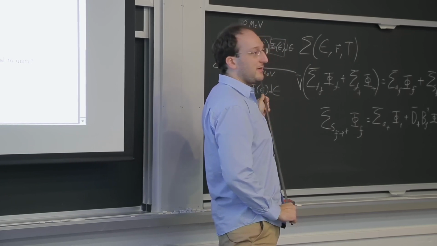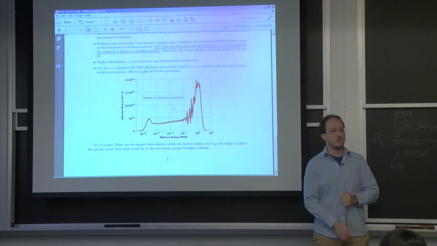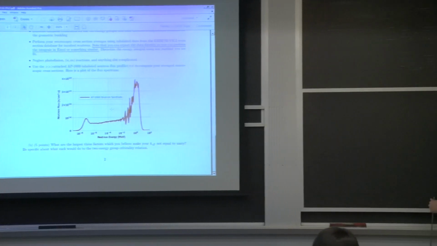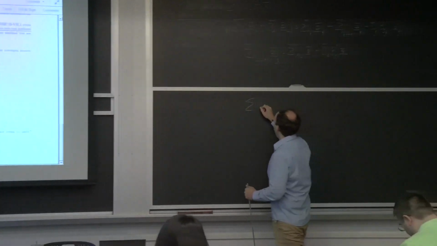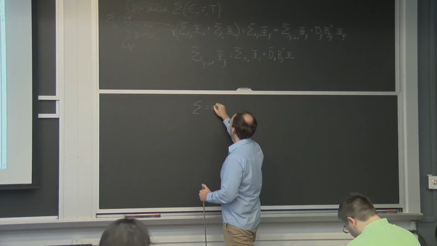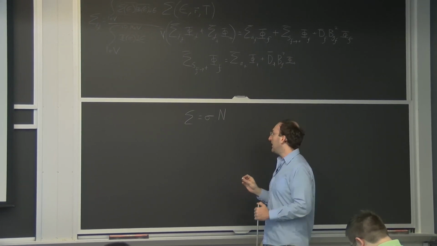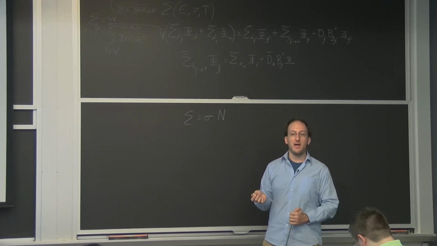Let's talk about how to get this data, the macroscopic cross-sections. So if you remember, a macroscopic cross-section is a microscopic cross-section times a number density. And that's for one single isotope.